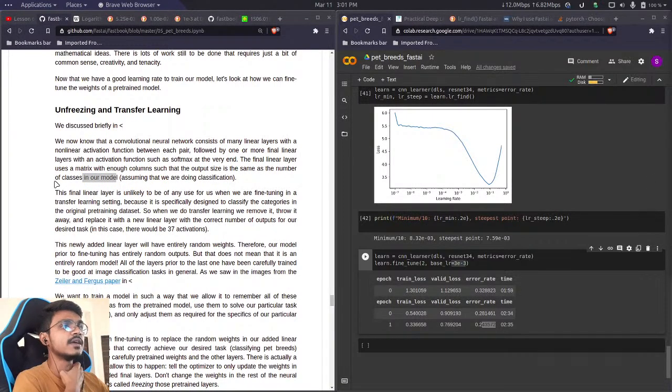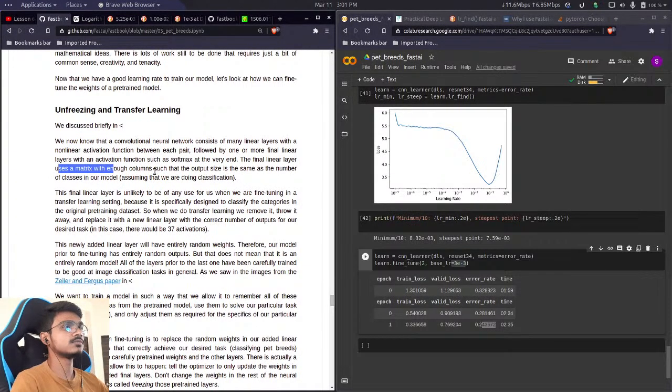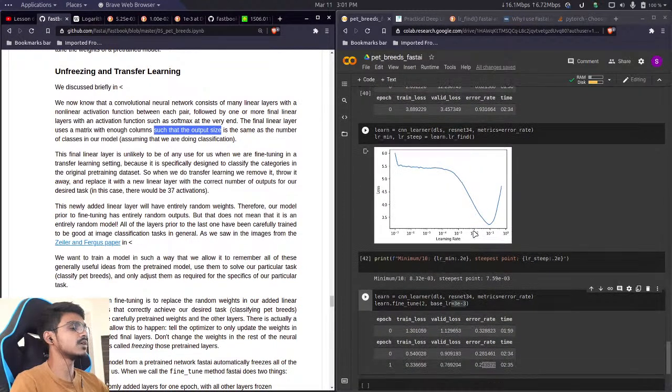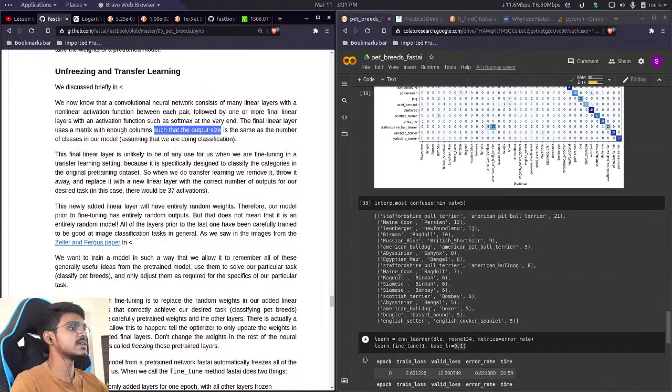The final layer uses a matrix with enough columns such that the output size is the same as the number of classes. So in the case of pet breeds, we have in total 37 classes. So the outermost layer should be of size 37.